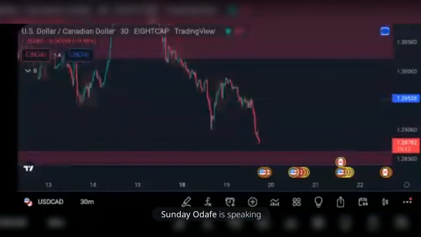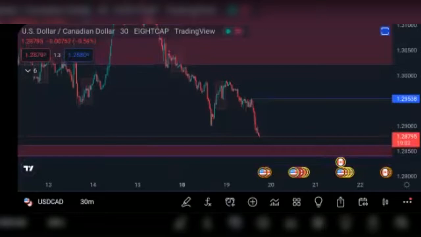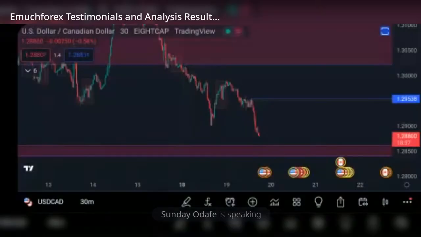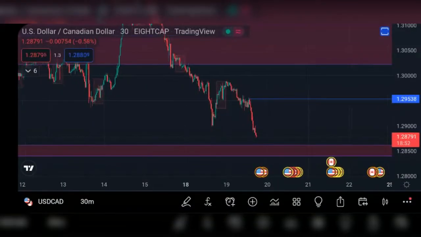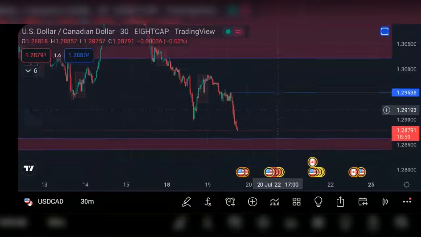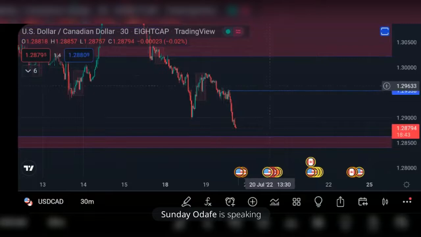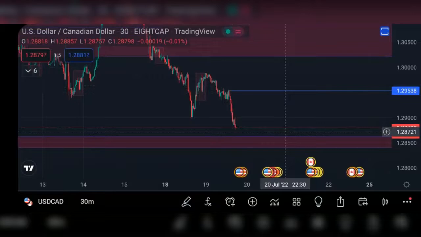The 30 minutes and 15 minutes time frame are almost similar. Now, what you just do is that once you wait for price to take out your swing high, this can also stand as a 30 minute swing high. You mark out your order block, then you just place your limit.